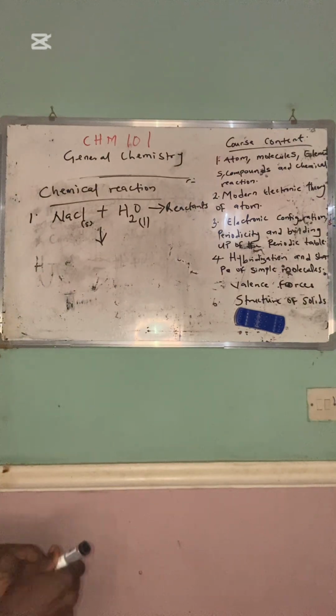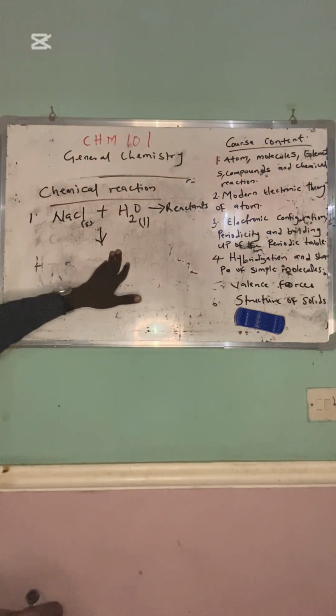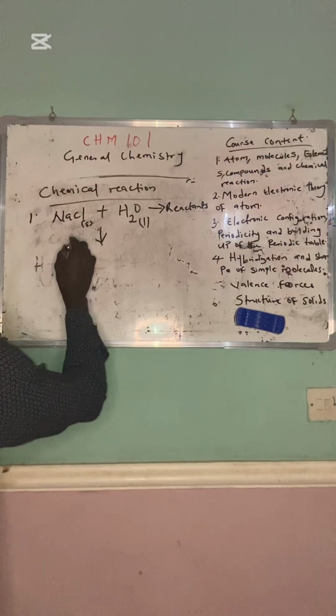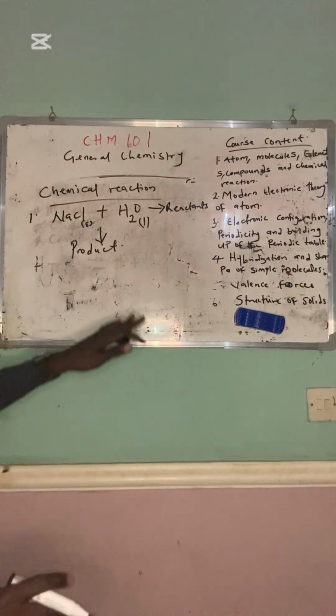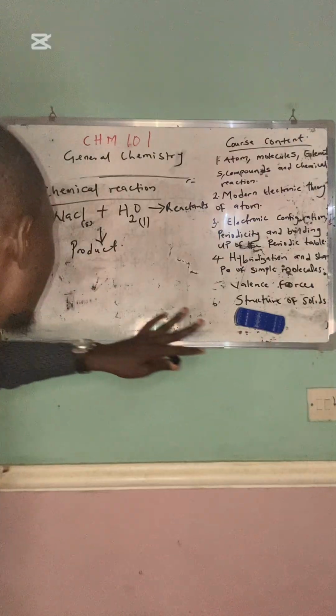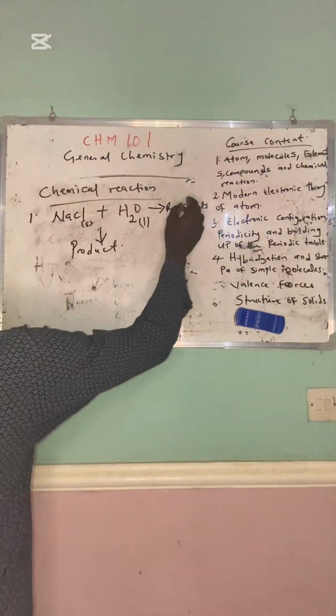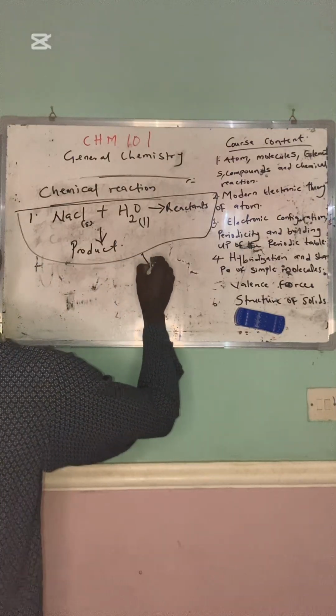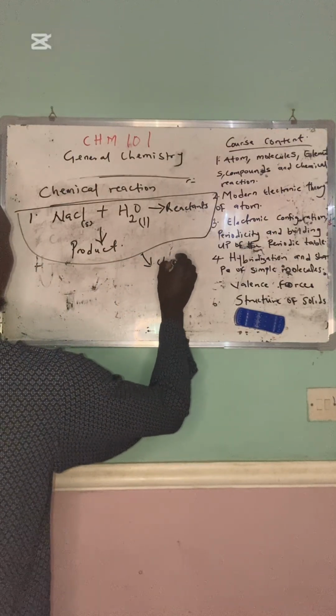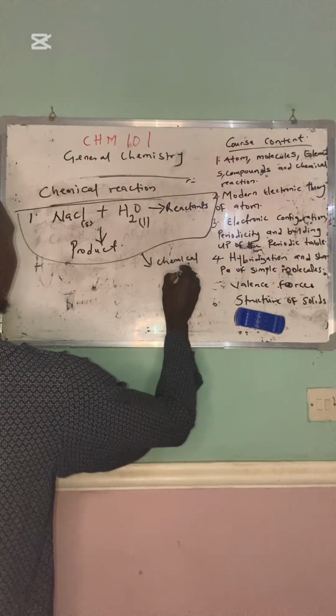Okay, so whatever it is here is the product that is formed as a result of this reaction. So this whole concept and idea is what we refer to as a chemical reaction.